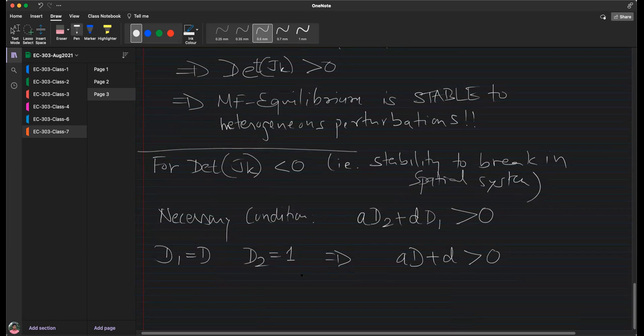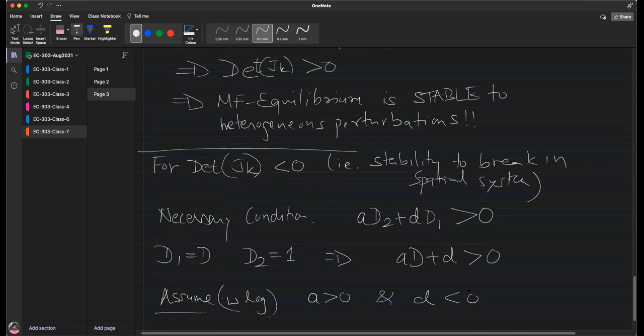Okay, so when is this true, by the way? We know that A plus D has to be greater than 0, right? And what about the signs of A and D? We actually don't know as of now. So I can assume without loss of generality that A is positive and D is negative.